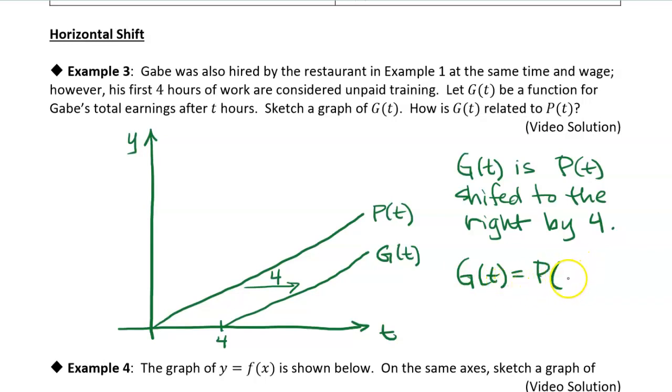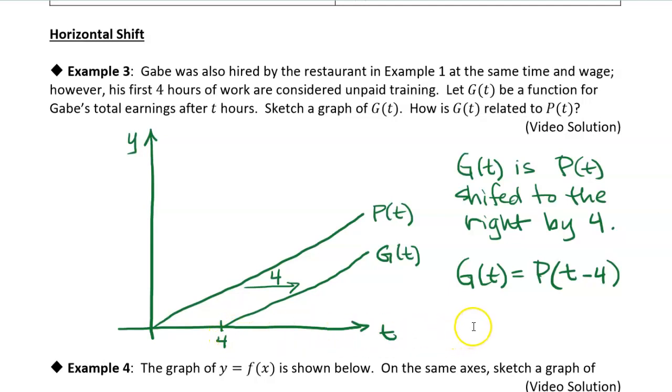But we're going to subtract 4 hours. Right? We have to subtract 4 hours because he's not going to start earning that hourly wage until he's worked 4 hours. That should be a t, shouldn't it? t. All right. So when he hits 4 hours, then he starts earning his hourly wage.